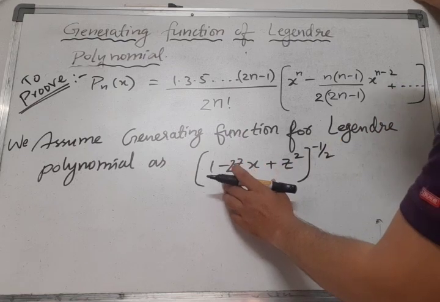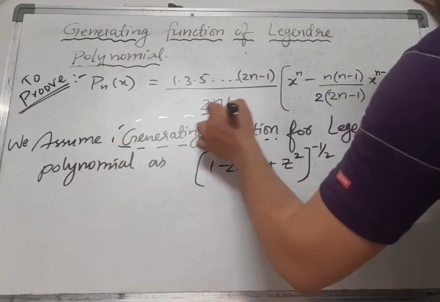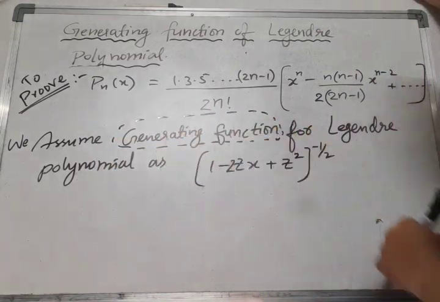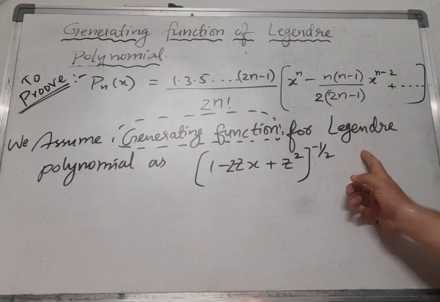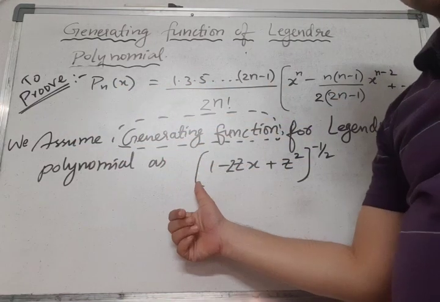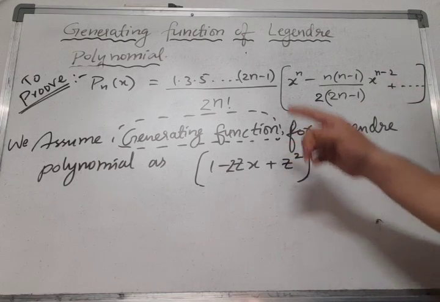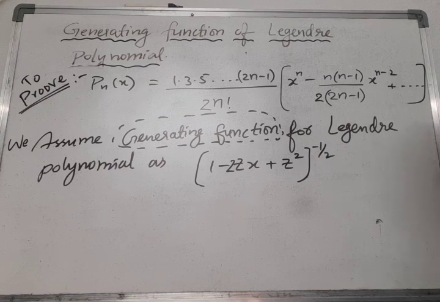This is called the generating function of a Legendre polynomial. To get that Legendre polynomial, we are assuming this generating function.